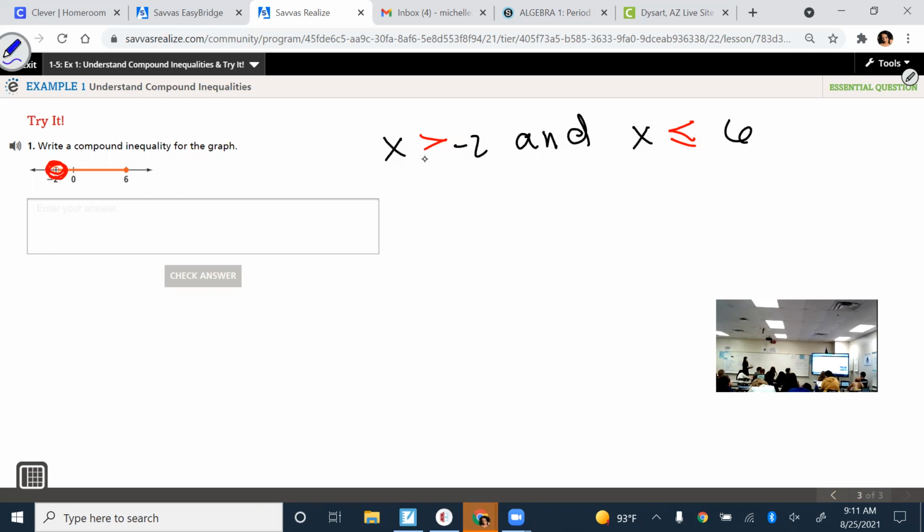All right, I also want you guys to get in the habit of writing it smushed together. So if you did, great. If not, let's practice. So what symbol would go in between the -2 and the x here? All right, so if I'm writing it in the smushed together format, you need to make sure that the openings still face the same numbers.